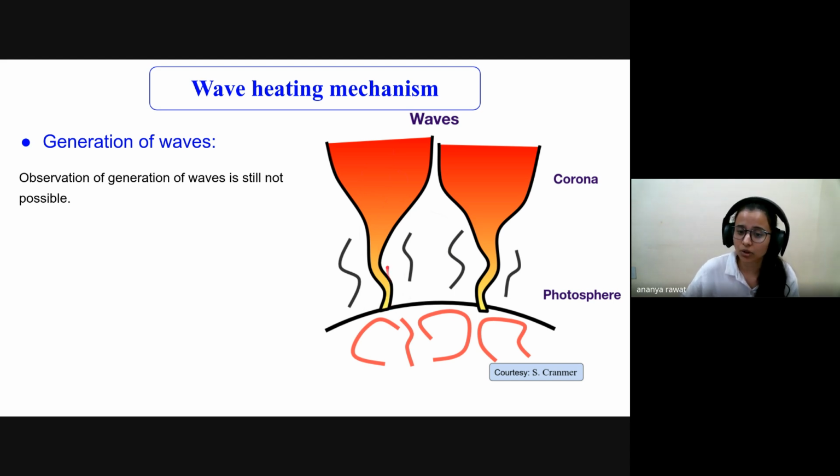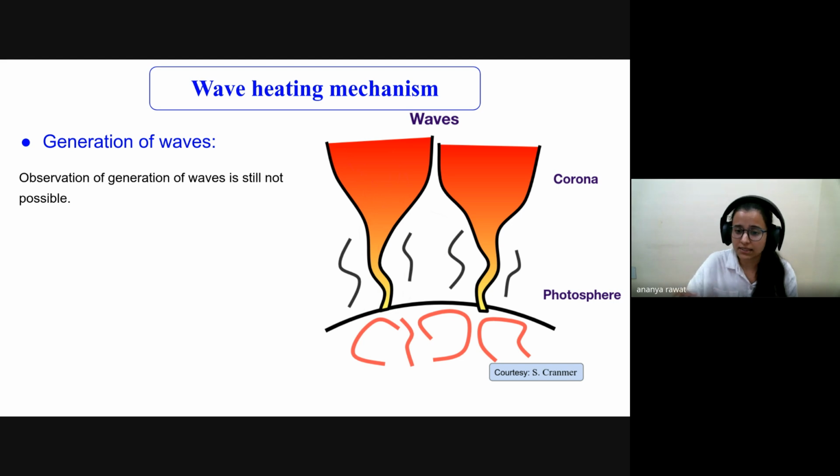But we can notice that the cross-section area of the loop shrinks, and it's very small at the photosphere. So observationally, we cannot detect the generation of these waves.